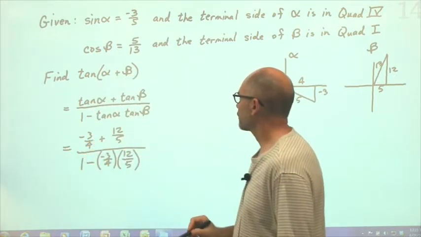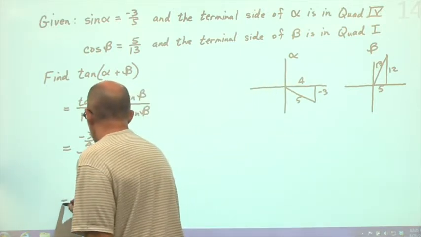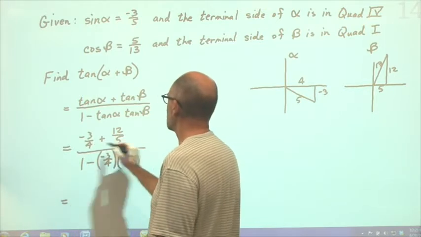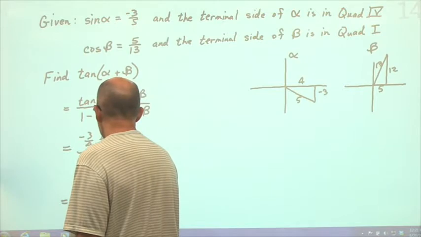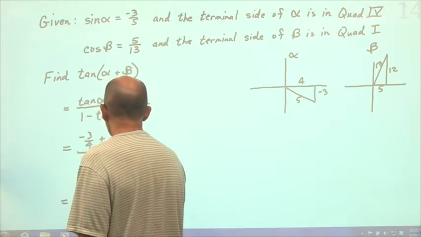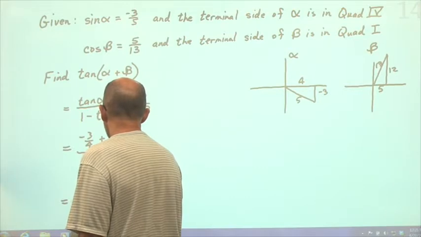Okay, so we need a common denominator for the top, and that's going to be 20. So that's going to be negative 15/20ths plus 48/20ths.